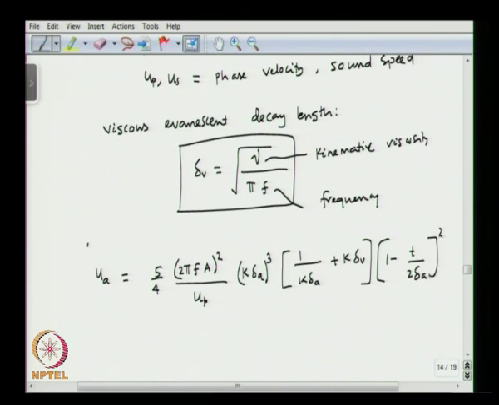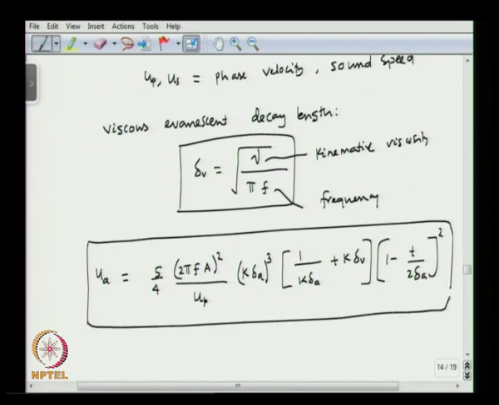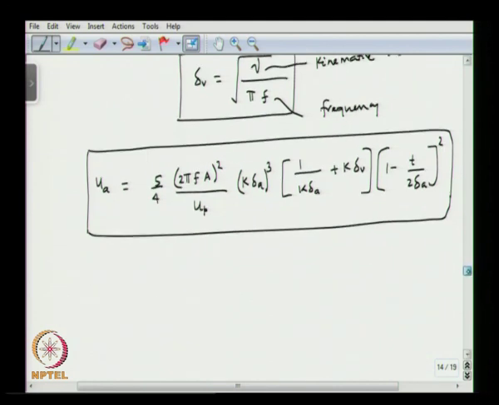That is the expression for the acoustic streaming velocity that we induce by the flexural waves.